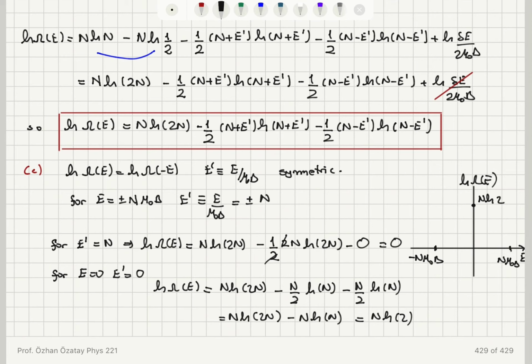So we find that the number of accessible states should be decreasing as we go from 0 to plus n mu 0 b and minus n mu 0 b. So we should get something that looks symmetric. Okay, so that's basically how the plot will approximately look.